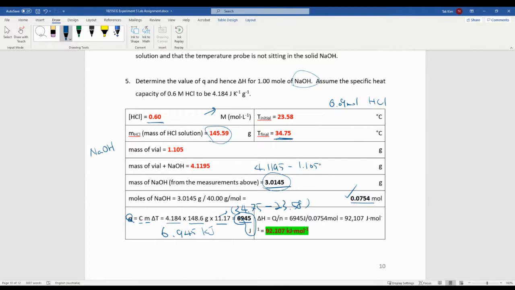Anyway, I just wanted to show you why we use this one again. So once you finish calculating this one, you should end up with about minus 92 kilojoules per mole, right?